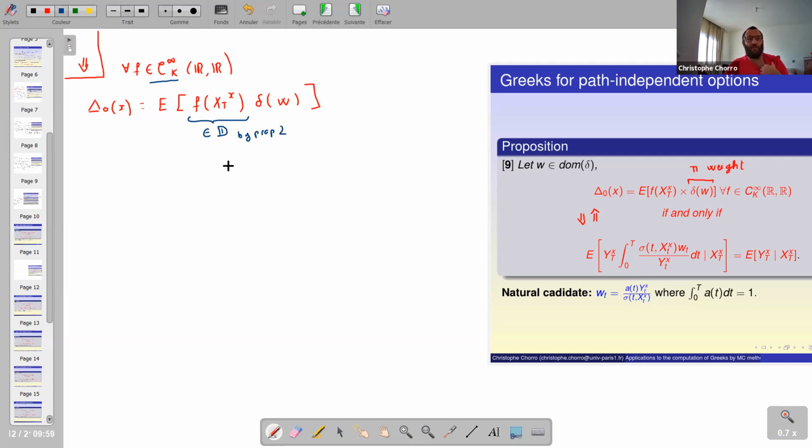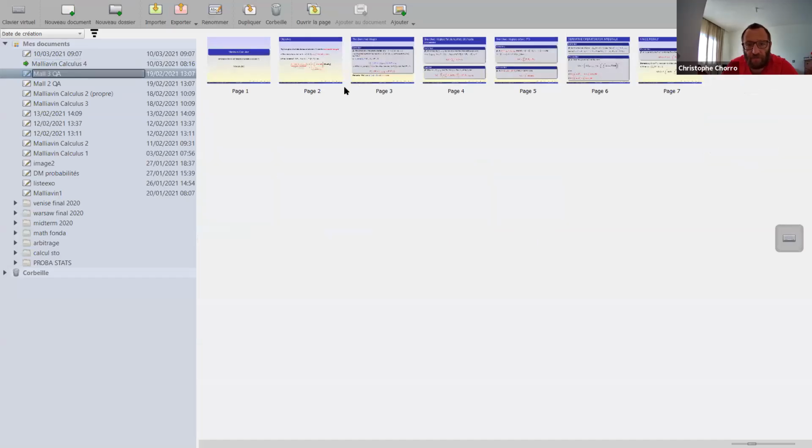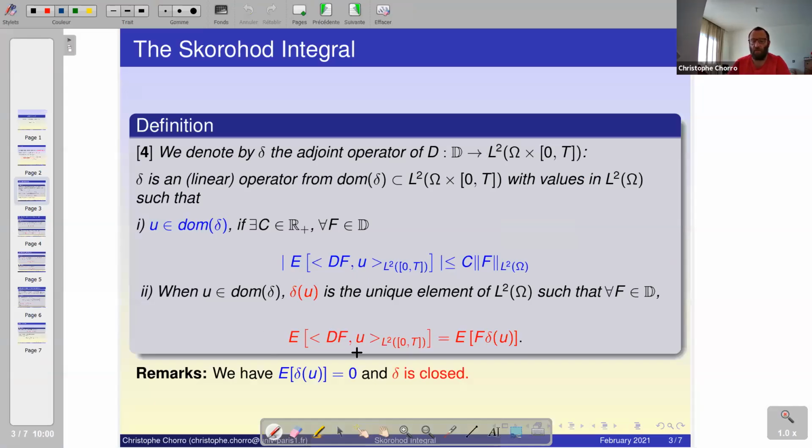So let's come back to what I have seen previously, to what I have done in this course concerning the squared integral. We have seen that I have this relation here.